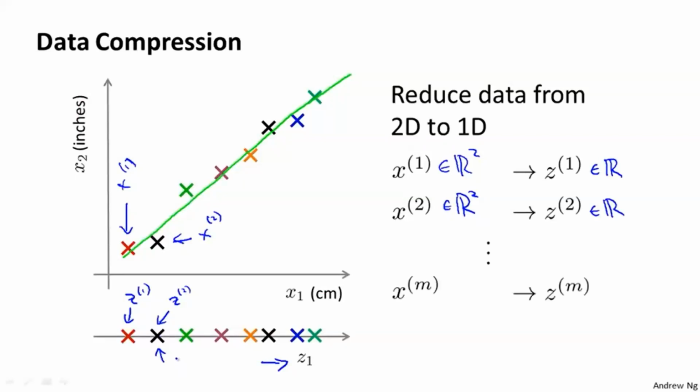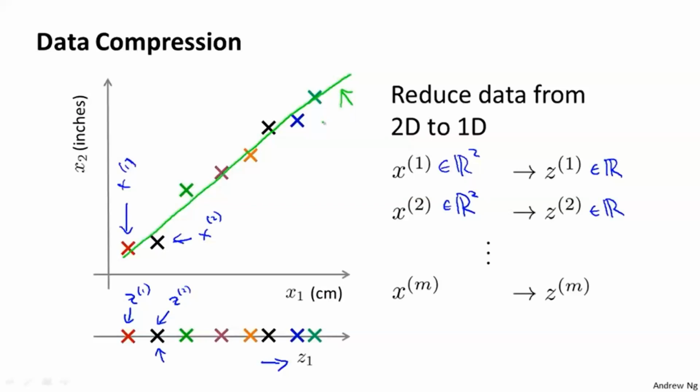So just to summarize, if we allow ourselves to approximate the original dataset by projecting all of my original examples onto this green line over here, then I need only one real number to specify the position of a point on a line. And so I can use just one number to represent the location of each of my training examples after they've been projected onto that green line.